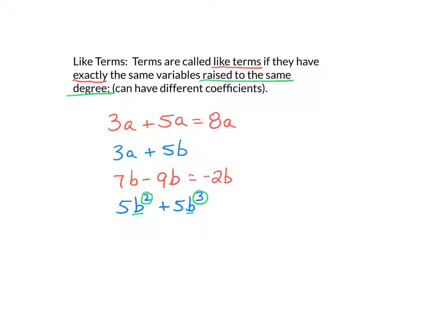The same thing if I have 3xy squared plus 3xy. Even though the x's are the same, I still cannot combine these terms because the first 3 is associated with an xy squared. The second 3 is just associated with an xy. So once again, there's nothing that I can do with that.